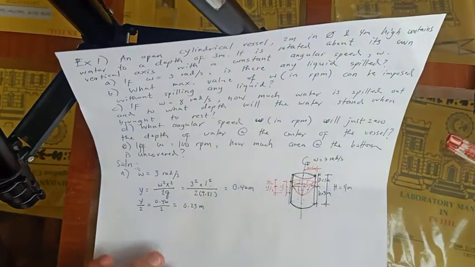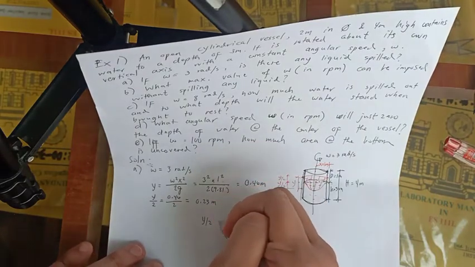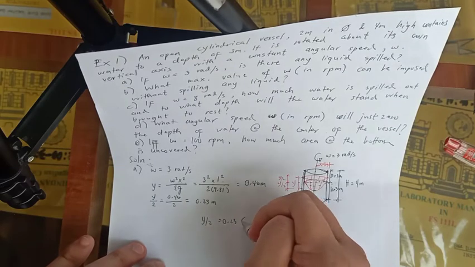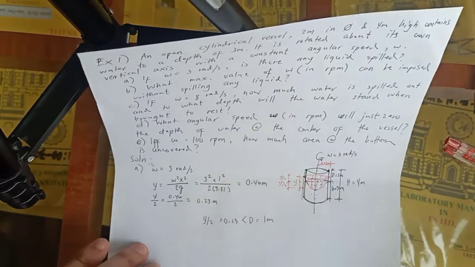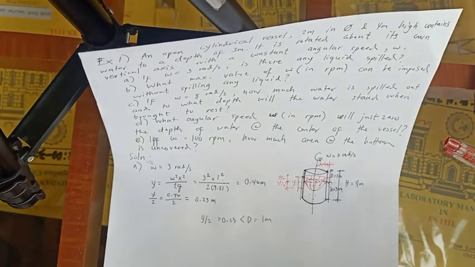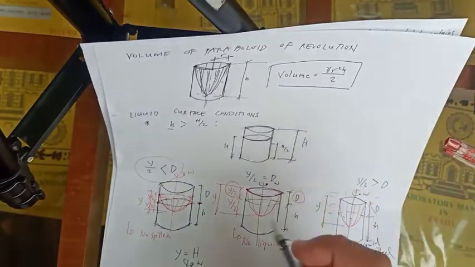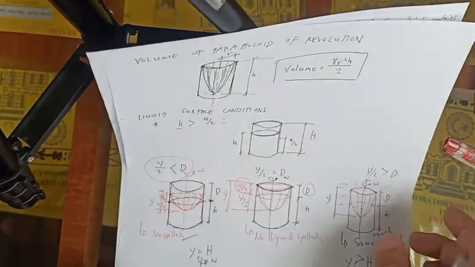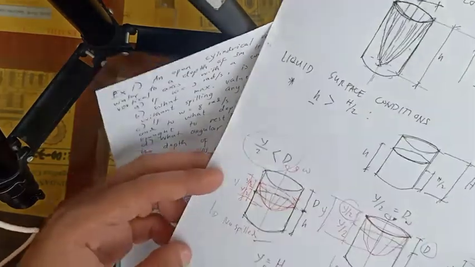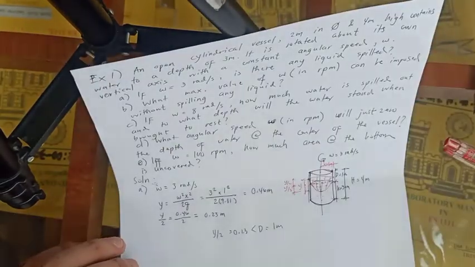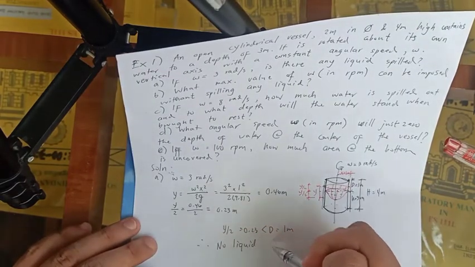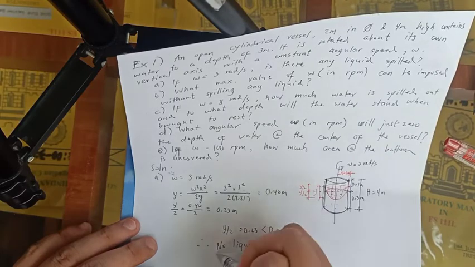As you can observe, y over 2, which is 0.23, is less than D, which is 1 meter. So as long as y over 2 is less than D, there is no spill. No liquid is spilled, that is the answer.